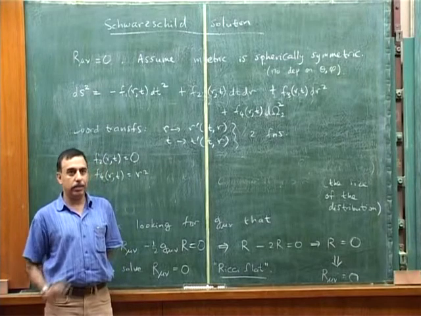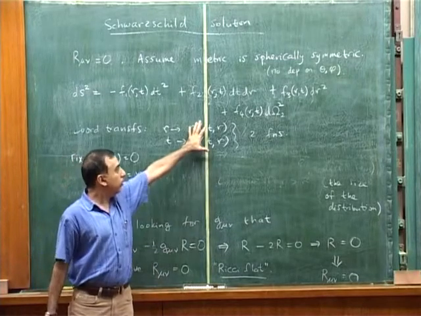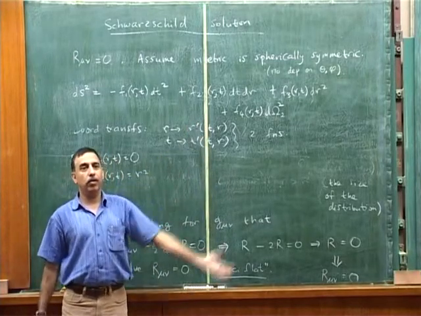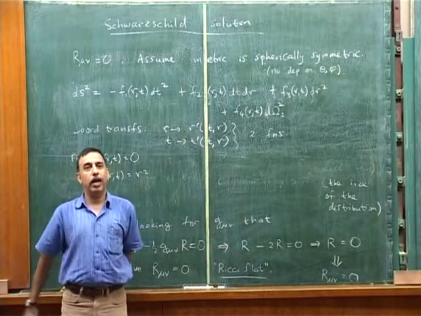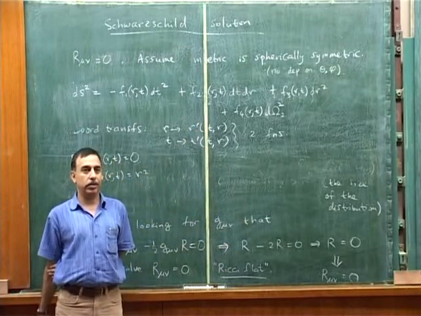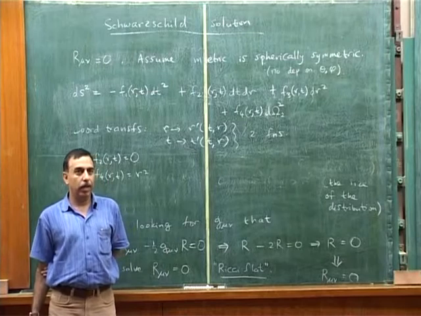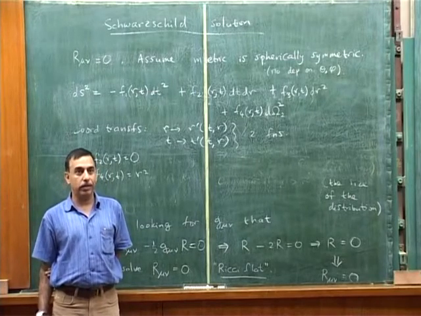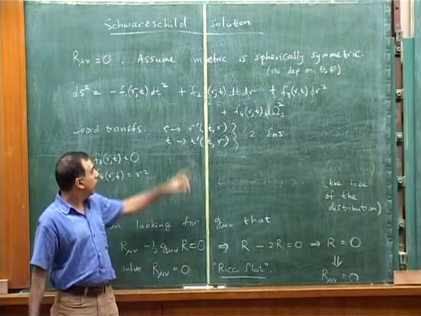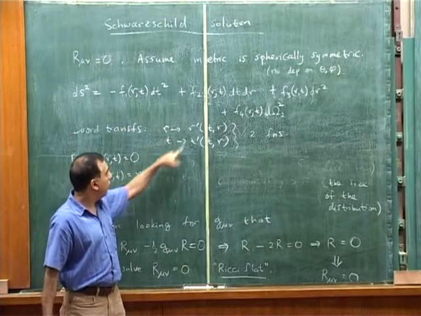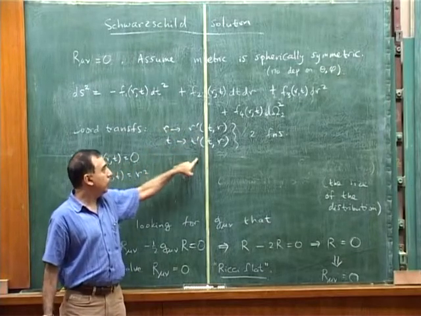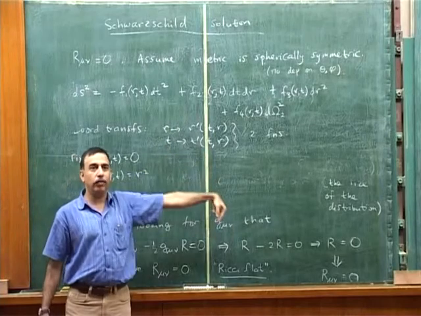Otherwise, the whole point of general relativity is that I can transform my coordinates in an invertible way to any other set of coordinates by any function. And actually, I have a choice of 4 functions available to me, because I can have r, t, theta, and phi replaced by r prime, t prime, theta prime, phi prime, functions of all 4.